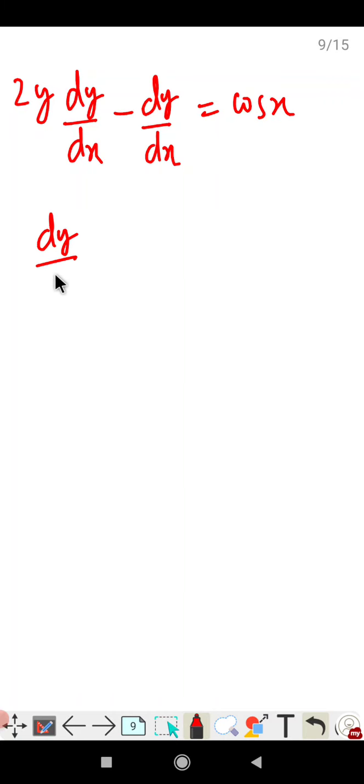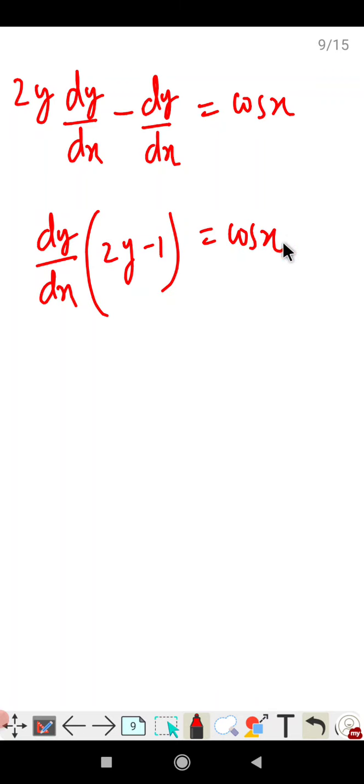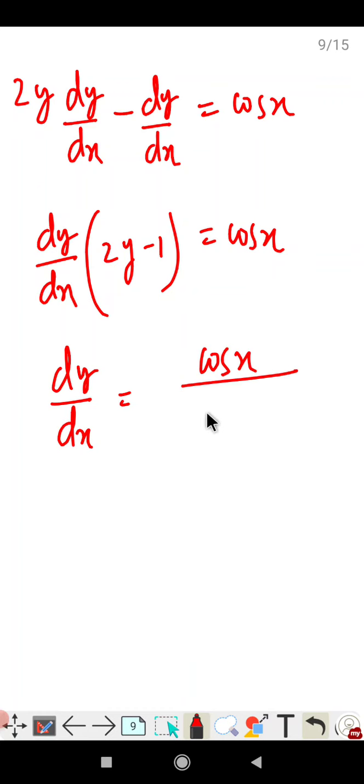Now dy by dx can be taken out, so dy by dx times (2y minus 1) is equal to cos x, which implies dy by dx is equal to cos x divided by 2y minus 1.